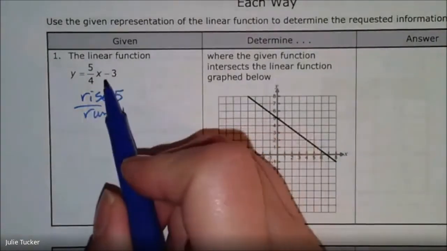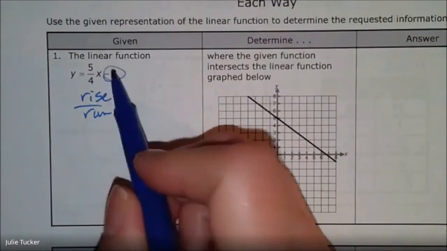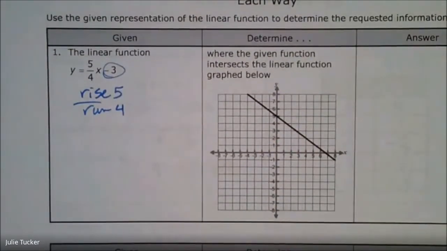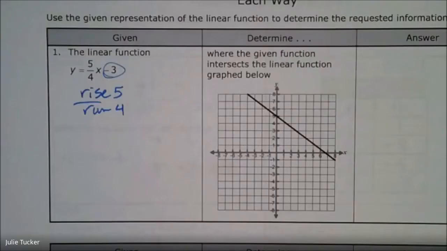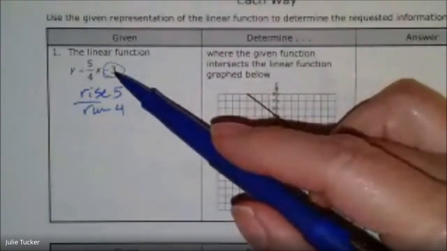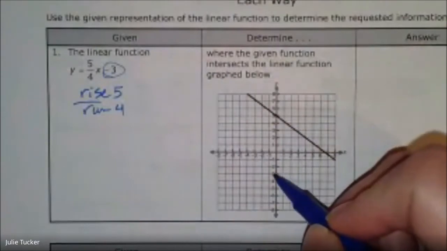The -3, what is that? Oh, the y-intercept. So that's a place on the line that we can put on the graph. So we're going to put that on the graph at -3.